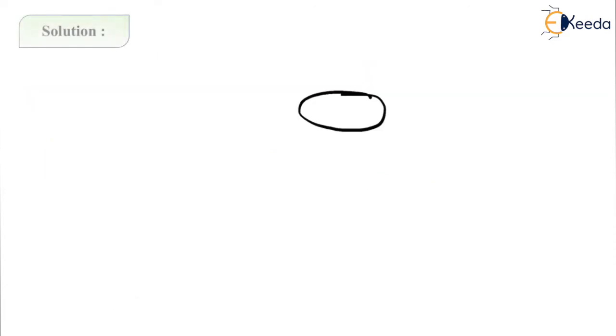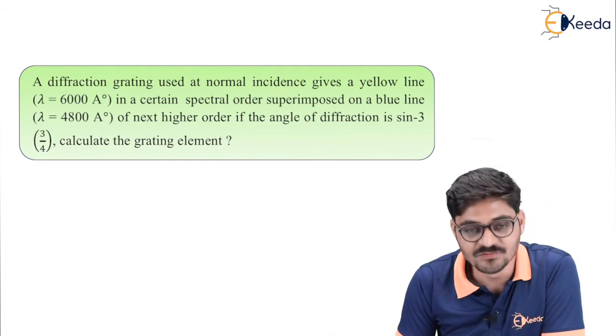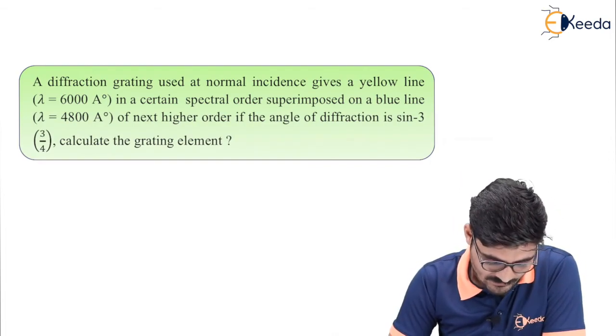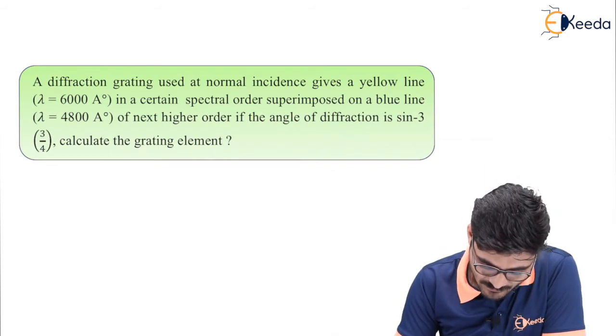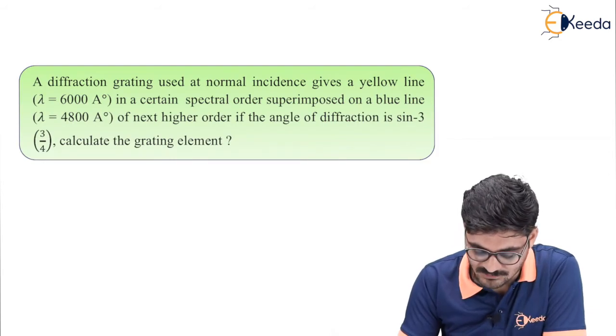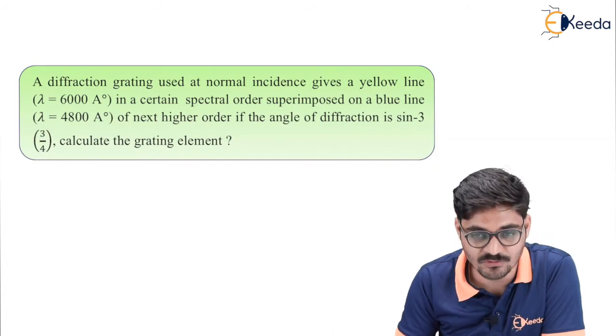Now moving towards the next numerical. A diffraction grating used at normal incidence gives a yellow line of wavelength 6000 angstrom in a certain spectral order, superimposed on a blue line of wavelength 4800 angstrom of the next higher order.